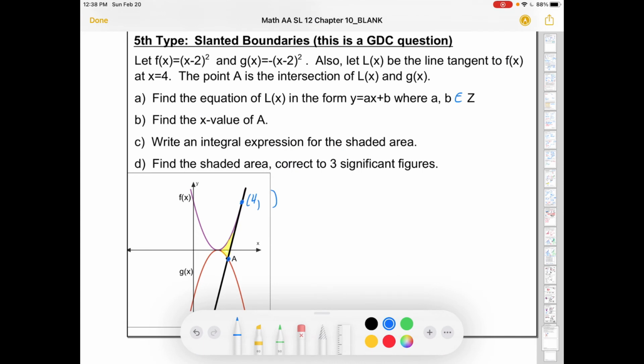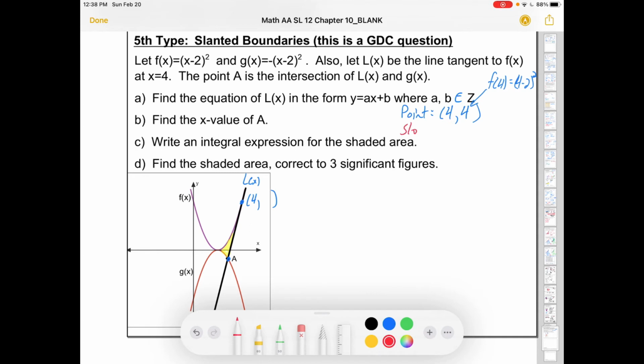I'm supposed to find the equation of that line, L of x here. So to find the equation of the line, I need a point and I need a slope. So the point is going to be, well, it's 4, something. And to find the y value, I just go f at 4, which is 4 minus 2 squared, which happens to be 4 again. Okay.